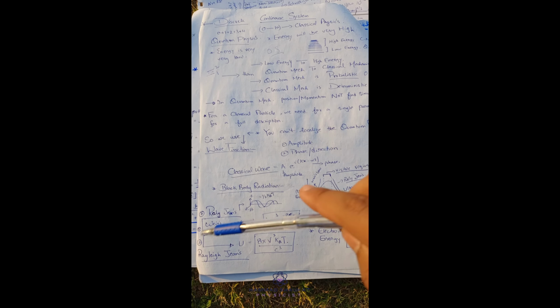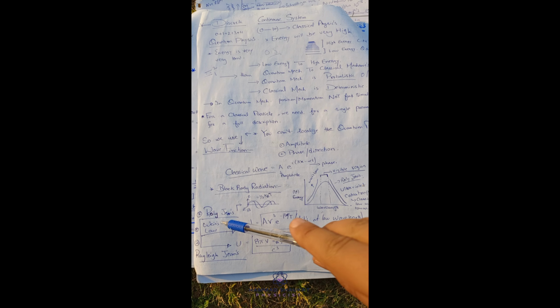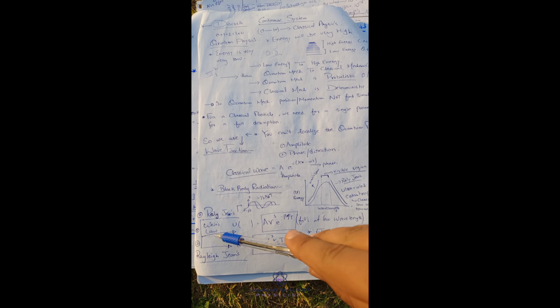The last topic we discuss in our lecture number 1 is black body radiation. What is meant by black body radiation? Two scientists worked on this. The first is Wien, whose law is called Wien's law, and the second is Rayleigh-Jeans, whose law is known as the Rayleigh-Jeans law. Both did experiments.